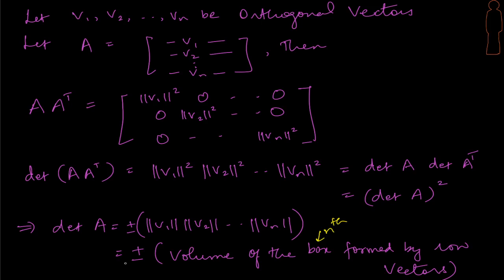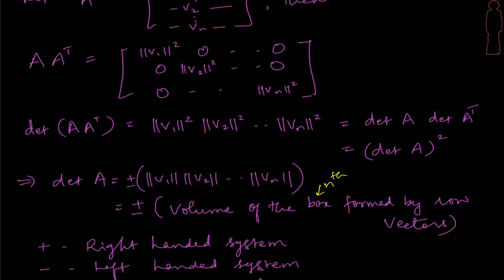Maybe we'll have to get into physics, vectors and vector algebra, where we don't want to go at this point, and therefore I'm not going to discuss too much about the sign. But the idea is that physically it is signifying the volume of the n-dimensional box that gets formed using the row vectors of A, right? So that's the idea.